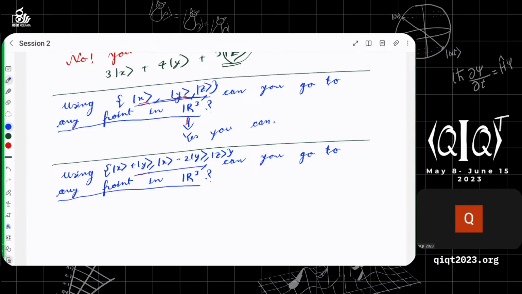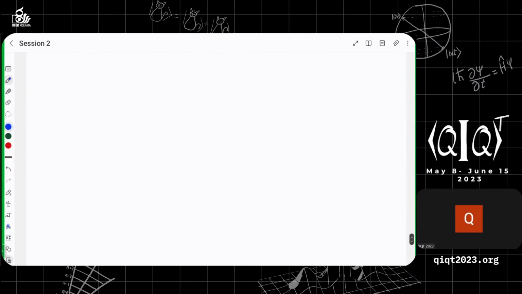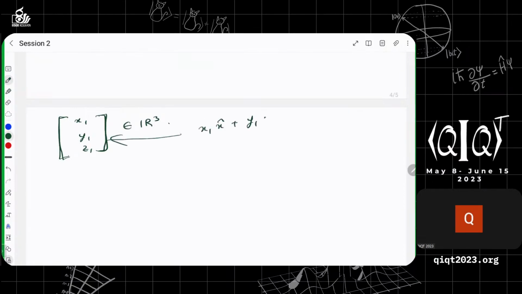Right. Okay. So let's see how we can go. So let's try to take a general point in R3. So what would that look like? Say x1, y1, z1. So that would be a general point in R3. And remember, now we are using the column vector notation. So this is the same as saying, let's say x1 x hat plus y1 y hat and z1 z hat.